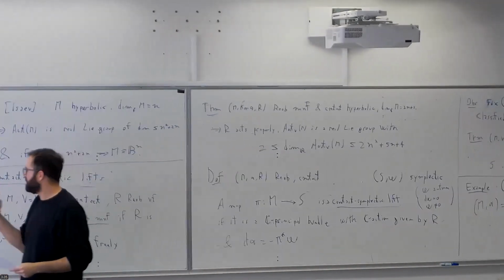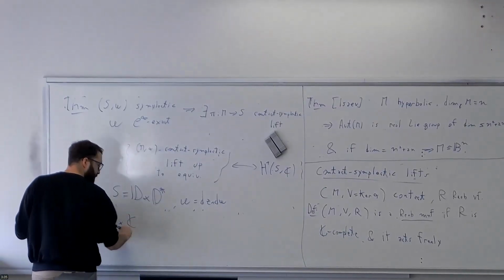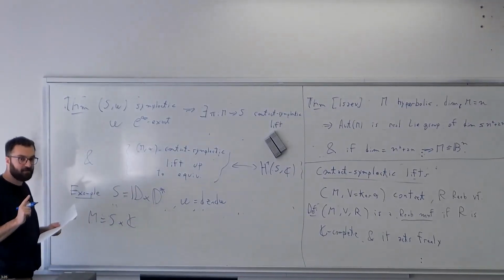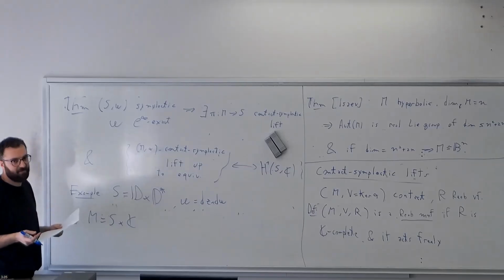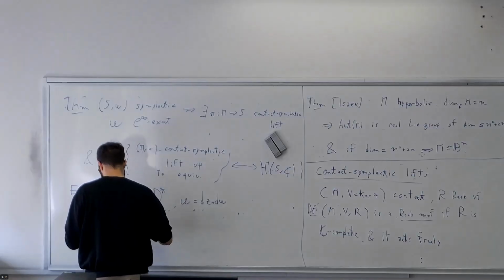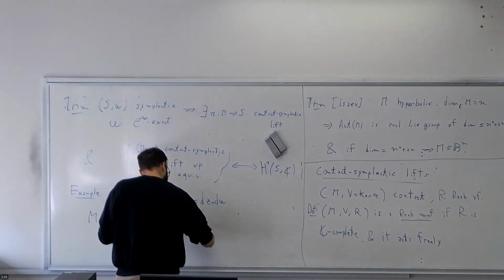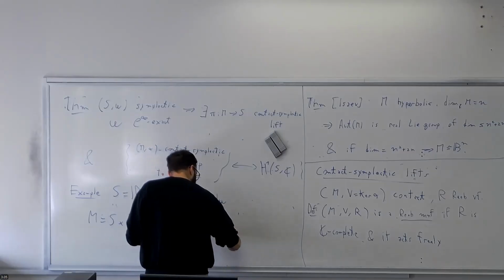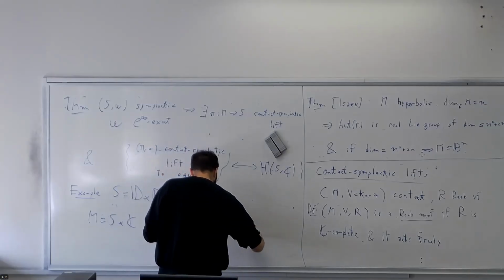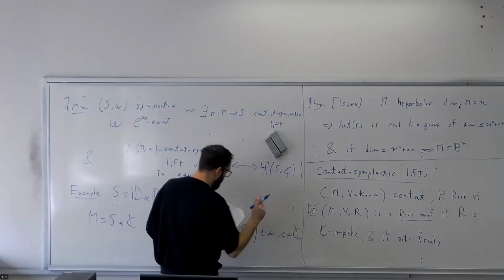So there is only one possible M, namely the trivial one, but there are C many contact forms on it, which are non-equivalent. So alpha_c is dy, and it's pretty easy to imagine what they should be, but maybe it's not so obvious why these are really all different.